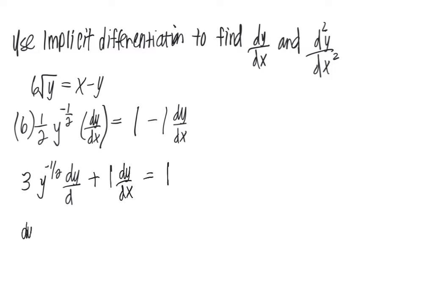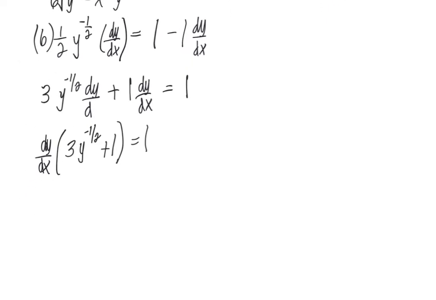I'm going to now factor out dy/dx so that we can get dy/dx by itself. And we're going to divide both sides by 3y to the negative 1/2 plus 1, because we want dy/dx by itself.